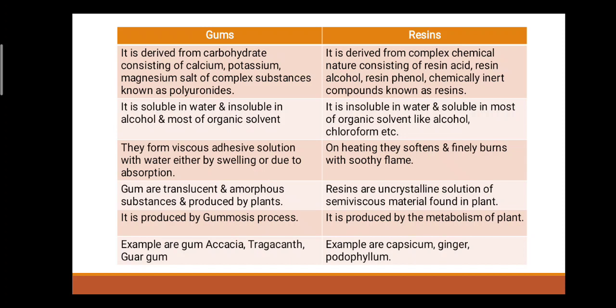Fourth point, gums are translucent and amorphous substances produced by plants. Resins are uncrystalline solid or semi-viscous material found in plants.